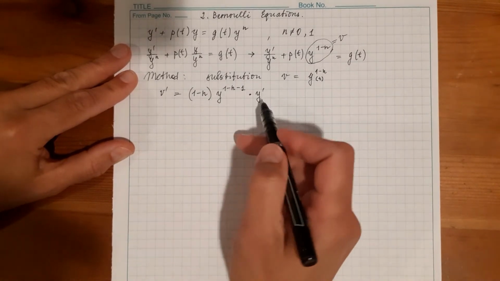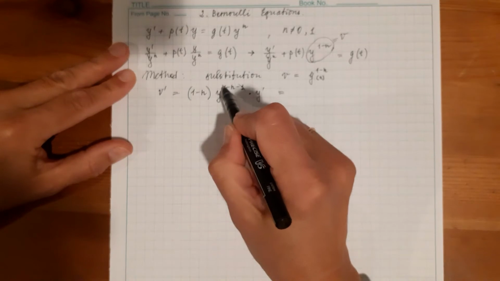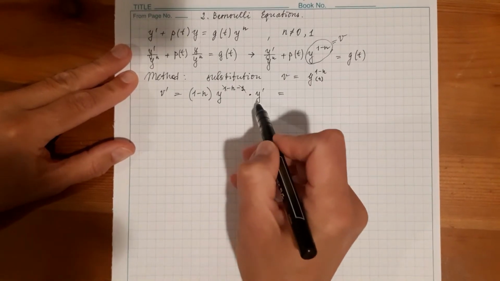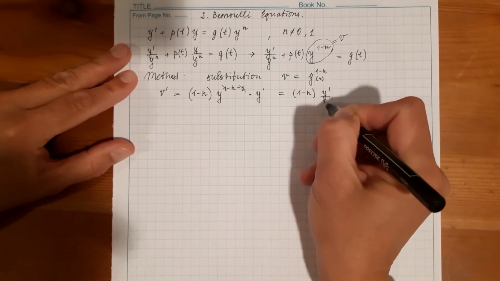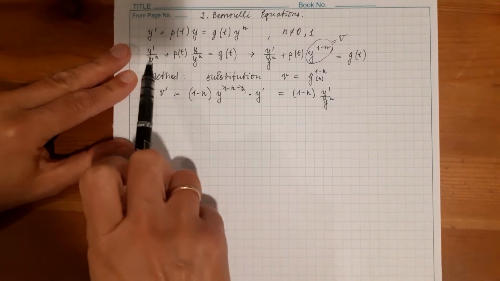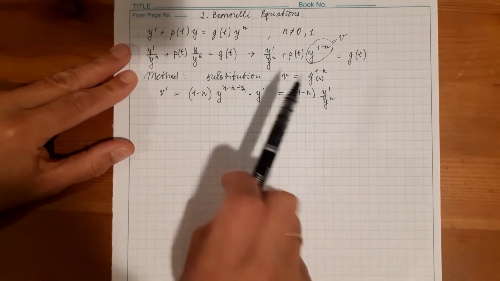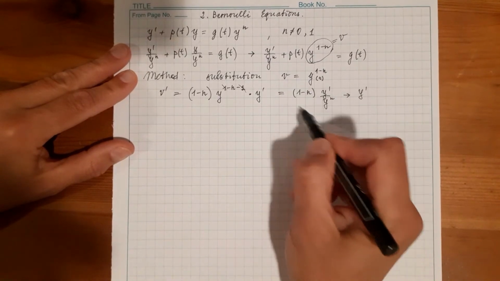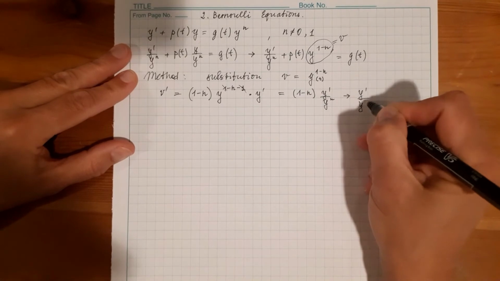Now I'm going to rewrite this expression a little differently. I see that's 1 and minus 1. They both cancel each other, and I'm going to put this y to the power of negative n in the denominator. So I'm going to have 1 minus n times y prime over y to the power of n. Now I'm going to compare this expression to what I have in the equation and see, wow, it's exactly the same thing, just without this coefficient. Well, what I can do is solve this for y prime over y to the power of n.